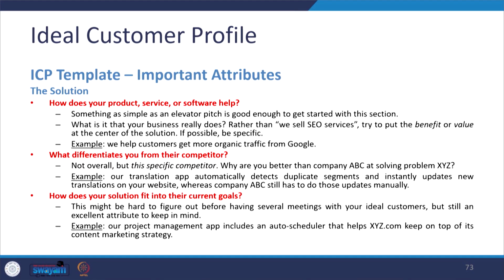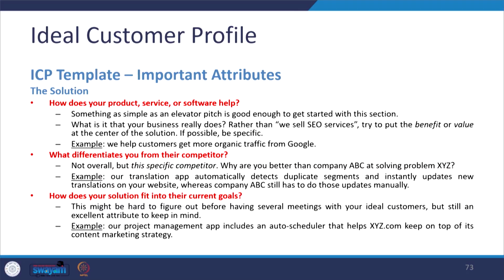And finally, put forth your solution. How does your product, service, or software help? Something as simple as an elevator pitch is good enough to get started with this section. What is it that your business really does, rather than just saying we sell SEO services, right? Try to pitch your solution around the problems faced by your customers. What differentiates you from their competitors is again an important area to look at.